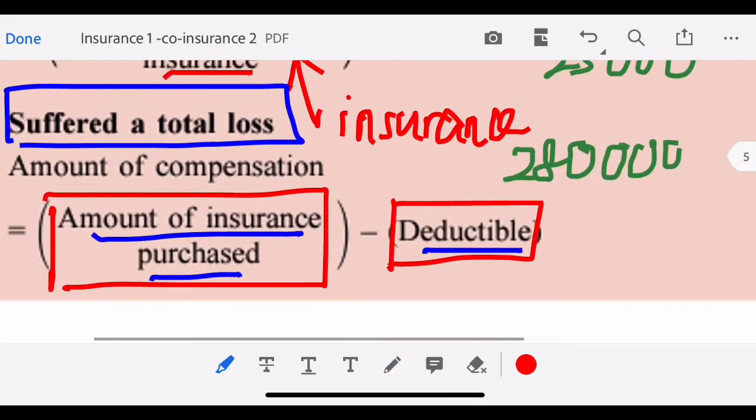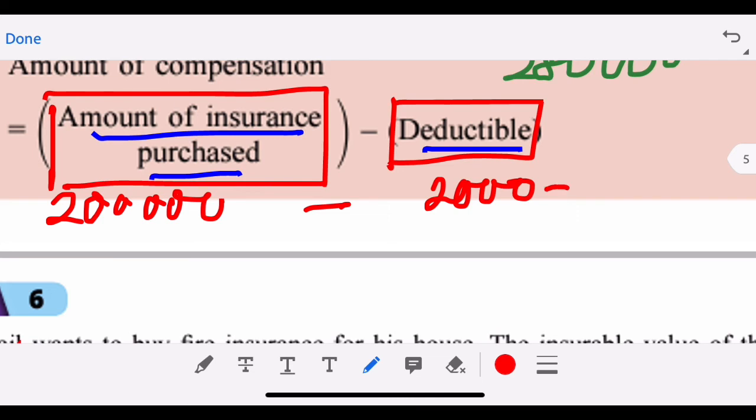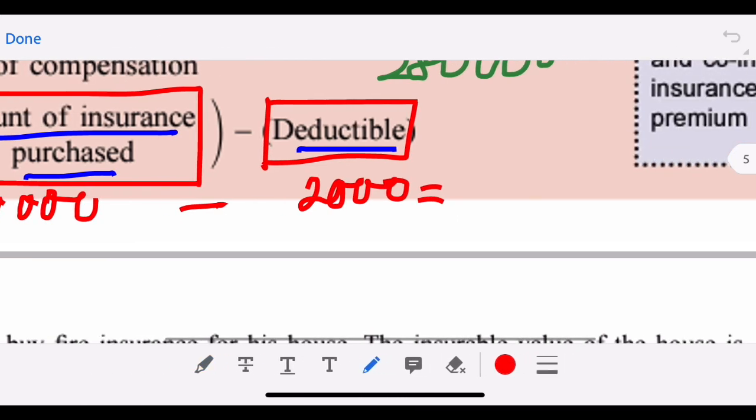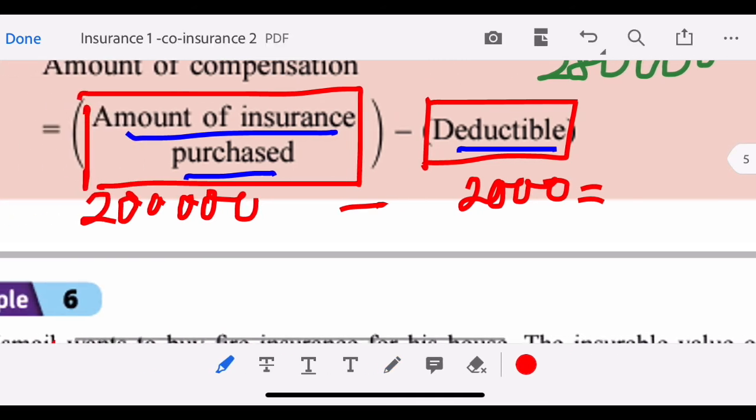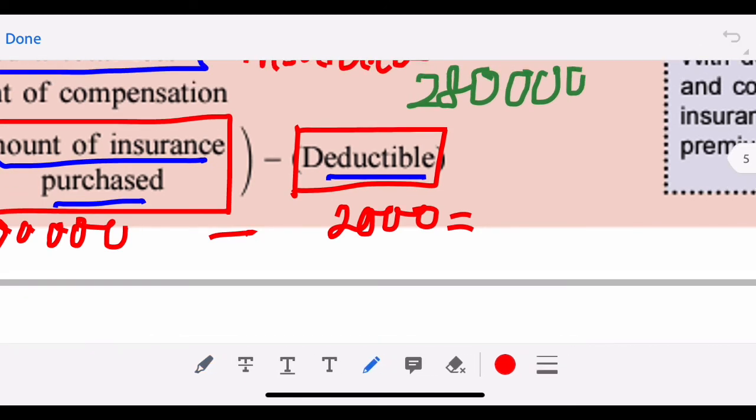So the deductible is just 2,000, and the amount insured is 200,000. You take 200,000, you minus out 2,000, you will get the answer 198,000, right? 198,000.